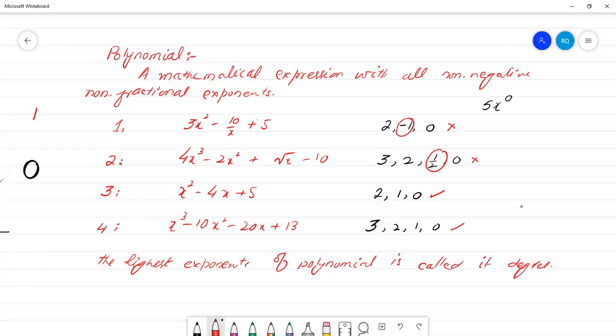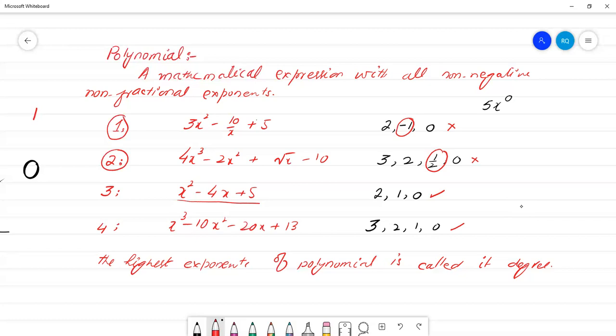Sir, can you repeat further? Okay, degree means the highest exponent of a polynomial. In the first and second examples, these two examples are not polynomials. If I ask what's the degree of the third polynomial, you will observe the highest power of the variable.